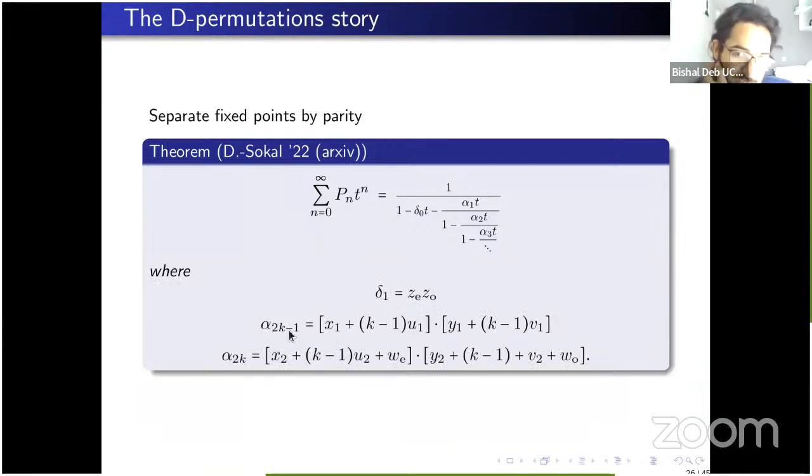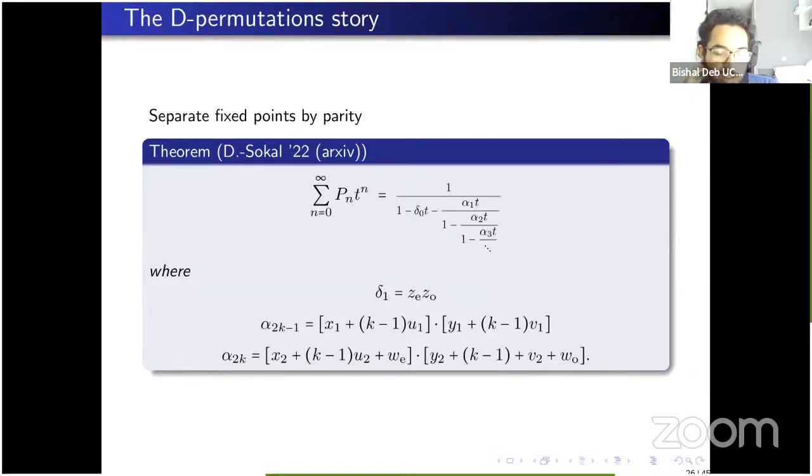Yes, this looks better. So you have x1 u1 y1 v1. So x1 and u1 are counting cycle valleys, y1 and v1 are counting cycle peaks, and x2 u2 and y2 v2 are counting cycle double rises and double falls. The y's and z's are counting cycle fixed points. So we have a parity refined classification, and when we got this result, it was quite surprising.